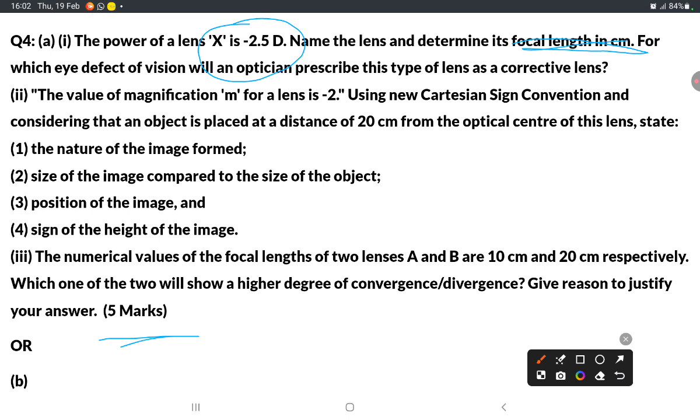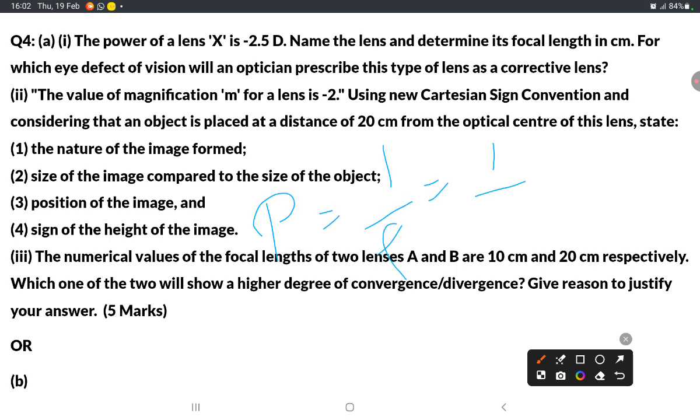Focal length is needed. To get the focal length, what do we have to do? Simple, power P equal to 1/f, right, which is nothing but 1 by minus 2.5 diopters. Minus 2.5 diopters means, we calculate. For example, this is 10.